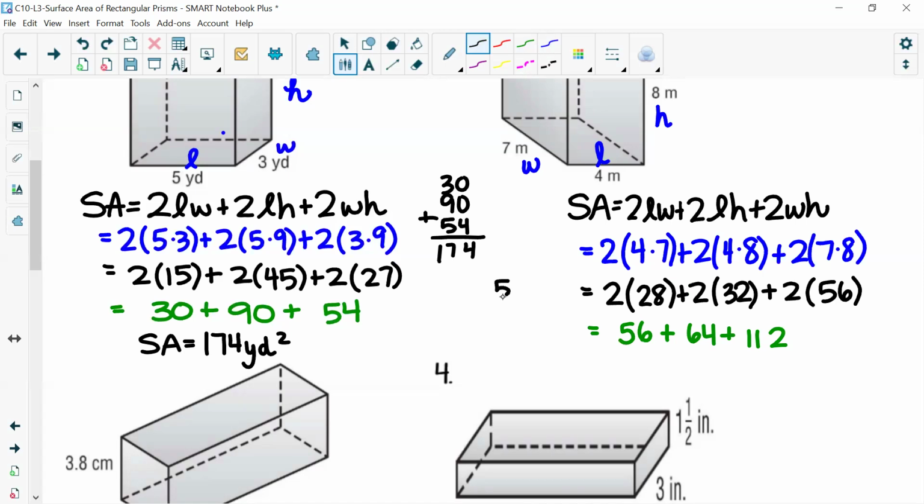So I have 56, I have 112, and I have 64. So we can add those up, 10, 12. We have 6, 7, 13, 2, 32. So my surface area is 232 meters squared.